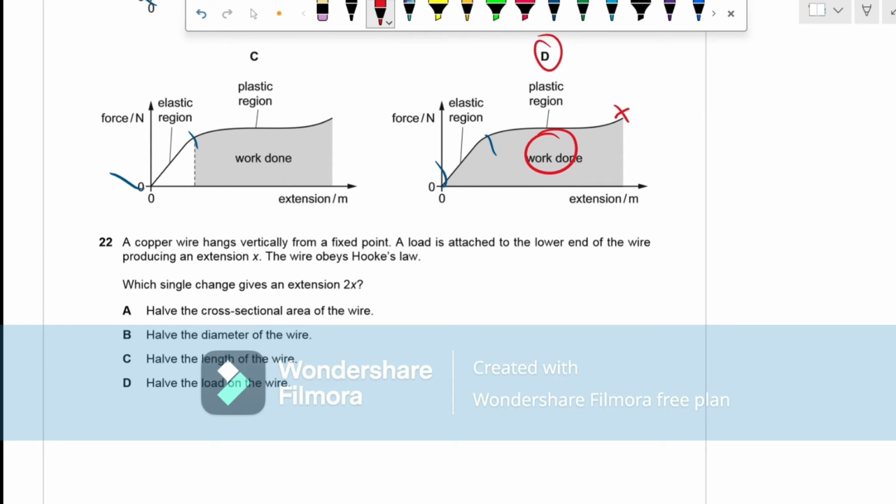A copper wire hangs vertically from a fixed point. A load is attached to the lower end of the wire, producing an extension X. The wire obeys Hooke's law. Which single expression gives an extension of 2x? I know that F is equivalent to kx. But I also know that the Young modulus E or Y is equal to stress divided by strain.